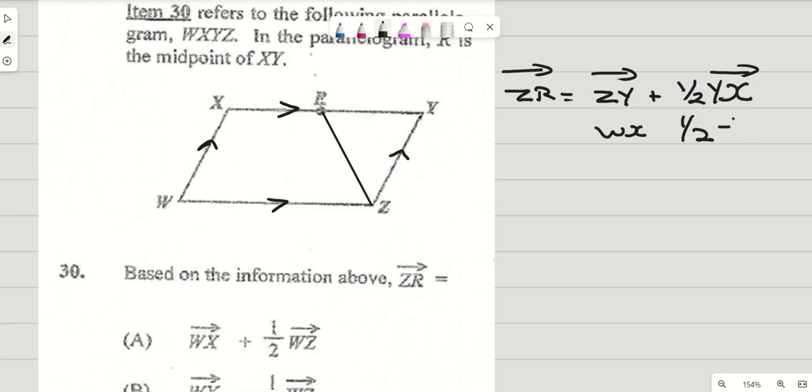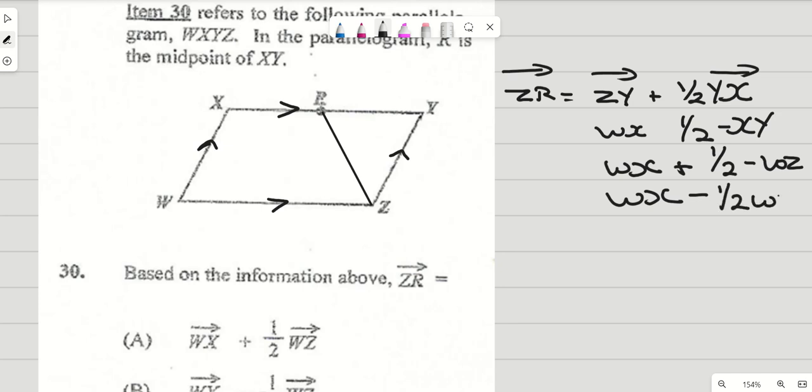Negative XY, right? So first off, the opposite of XY is WZ, right? So we want WX plus a half of minus WZ. So this is WX minus a half WZ, right?